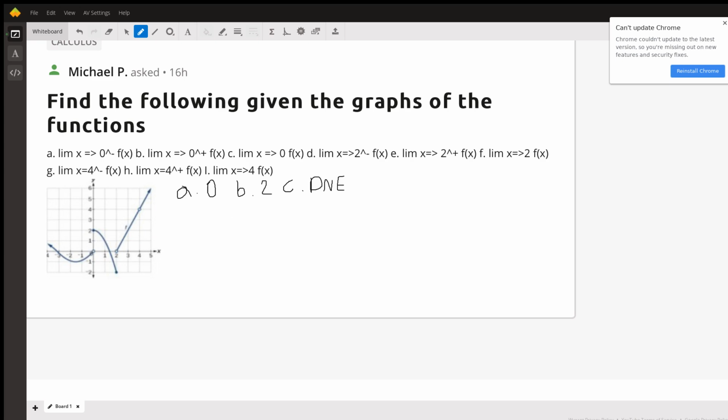All right. So for D, we have the limit as x nears 2 from the left. We have x equals 2, and from the left, we see that we're nearing negative 2.